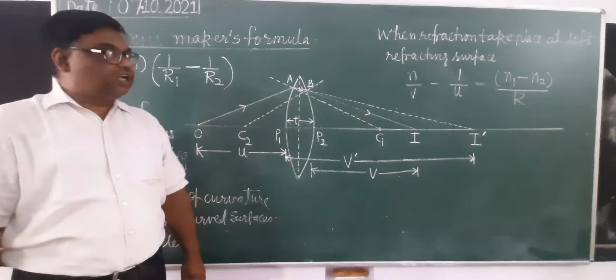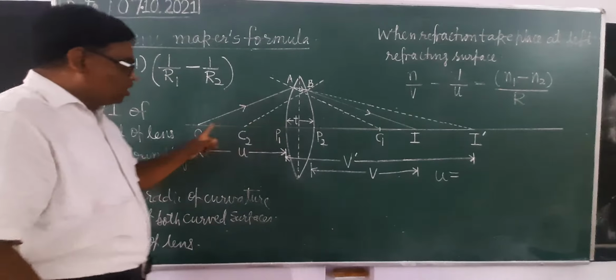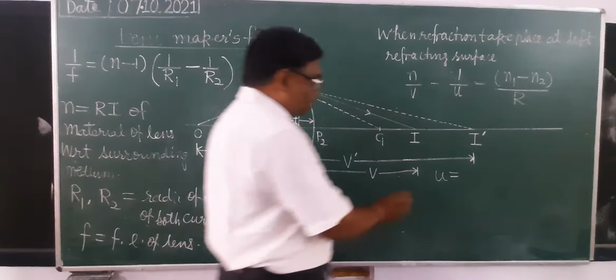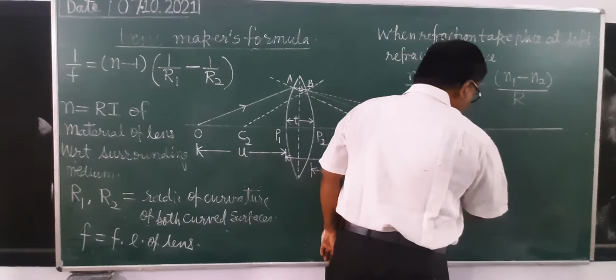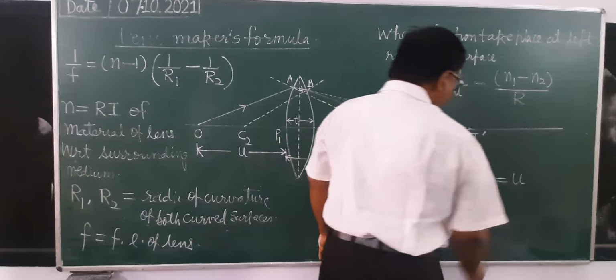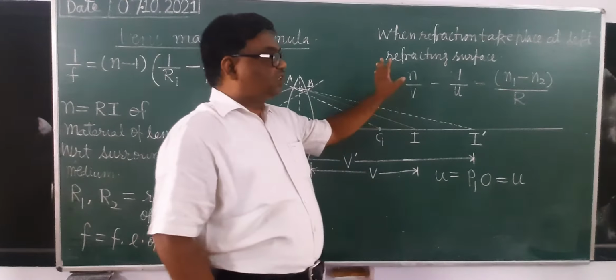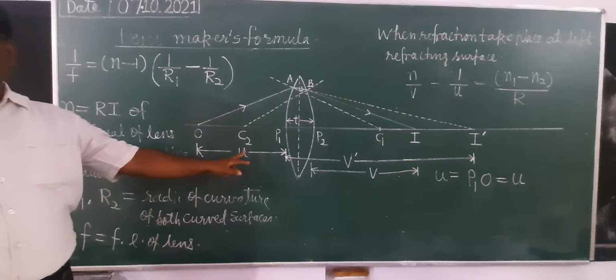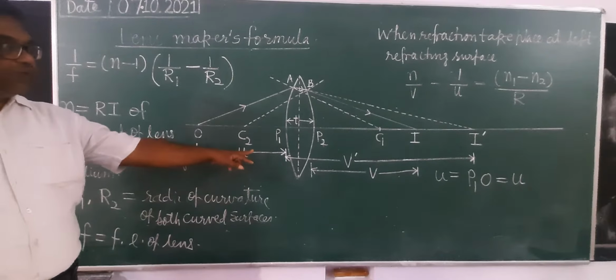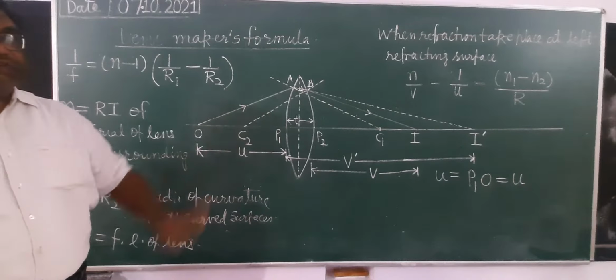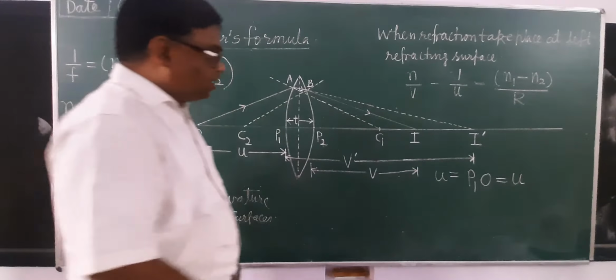So see here, what is u here? u will be equal to P1O. Remember one thing, when we substitute values in terms of literal symbols, there is no need to take the sign, because the sign is already substituted. When you take a numerical value, suppose it is 10 centimeter, then you will take minus 10. But when you are taking u, v, x, y, you will simply take u. It's clear. What is v?